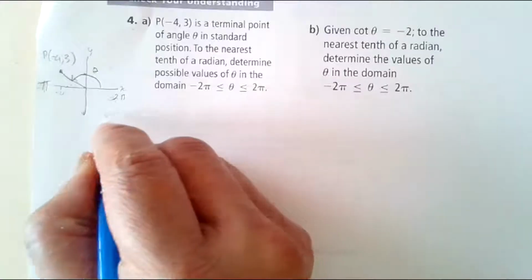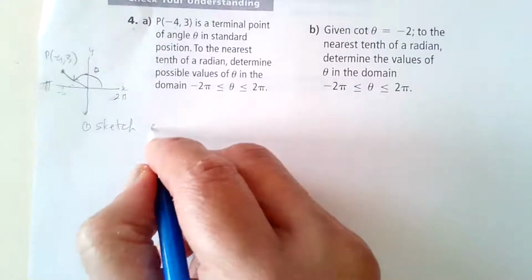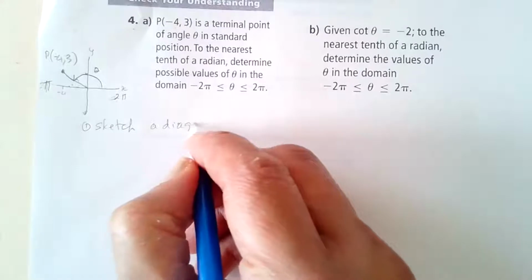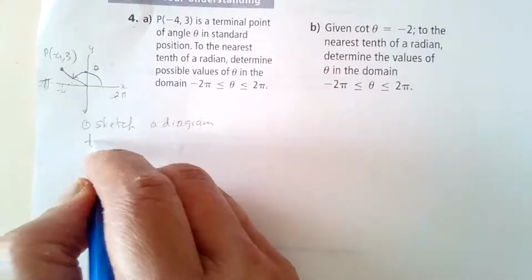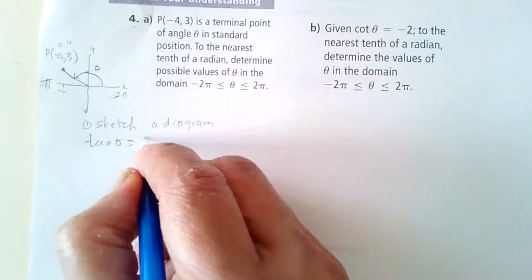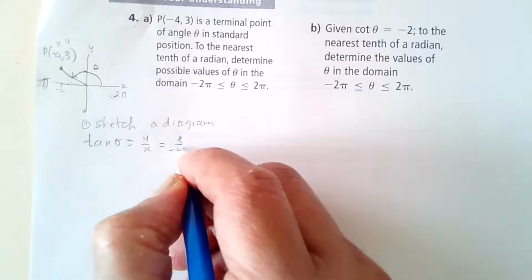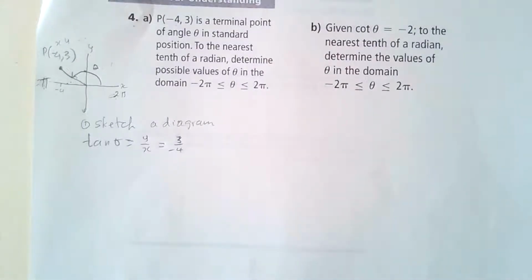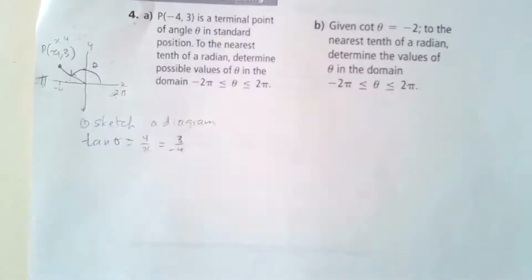So step 1, we sketch a diagram, which we did here. And we know that tan theta, now this is my x and y, is y over x, and this will give us 3 over negative 4. Now, we're not going to use negative 4, because we need to find this reference angle here.